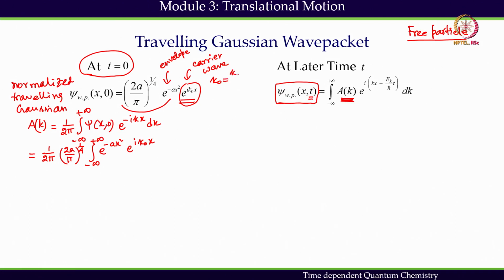So in order to get this initial wave packet, how does this wave packet look like? I have an envelope function and then a carrier wave. This is what the initial wave packet is, which is nothing but the particle in quantum mechanics.